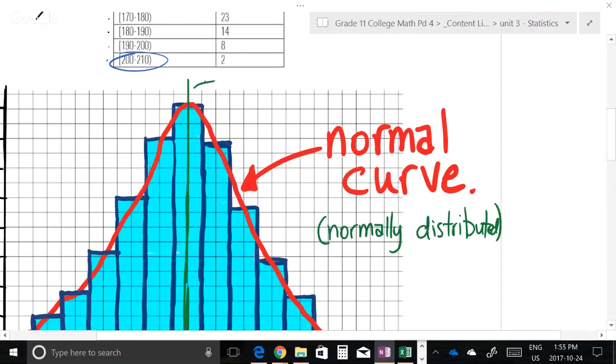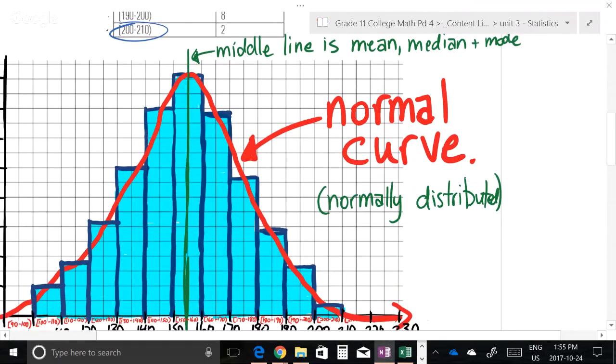So for a normally distributed set of data, the middle line is the mean, median, and the mode. And that is, in fact, the definition of a normal distribution, where we make a nice curve like this, and that line that cuts it right down the middle is the mean, the median, and the mode. So for normally distributed data, the mean, the median, and the mode are all the same.